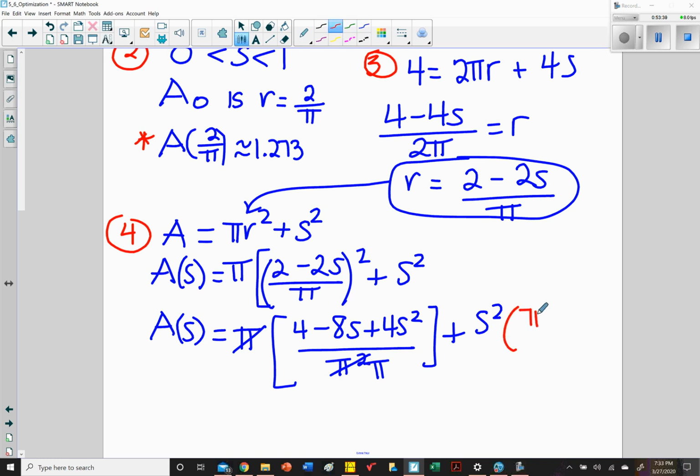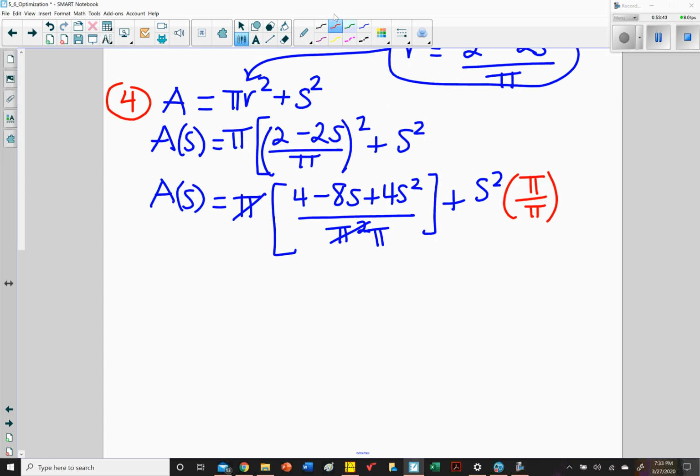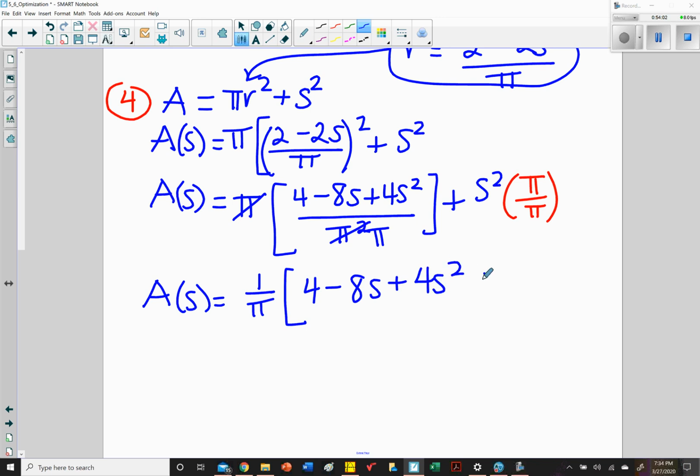And this pi would take away one of those pi's, and if we gave the side squared a pi over pi, we could get a common denominator and rewrite the entire thing. I'm going to pull out the 1 over pi common denominator: 4 minus 8s plus 4s squared plus pi s squared.